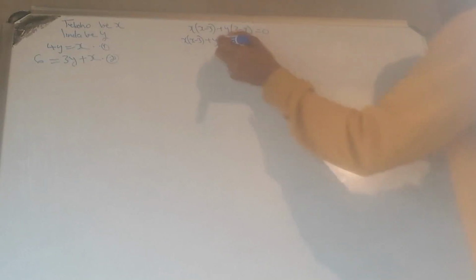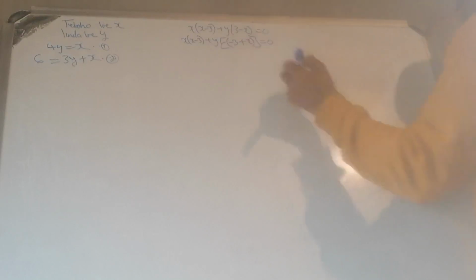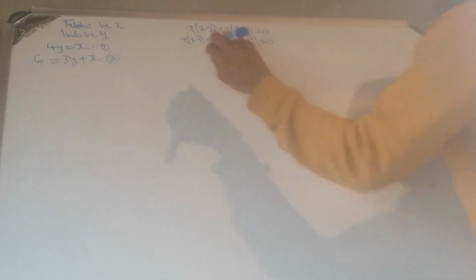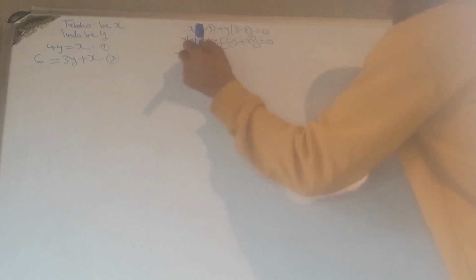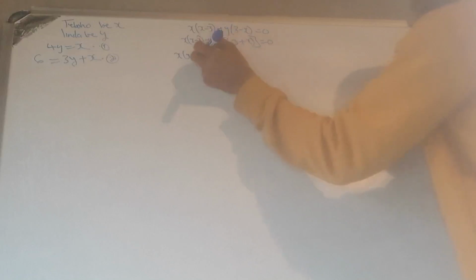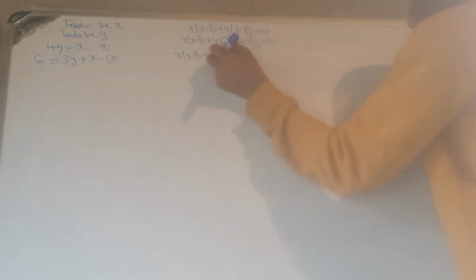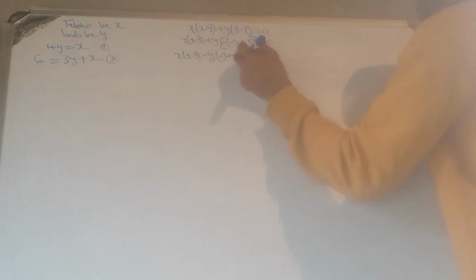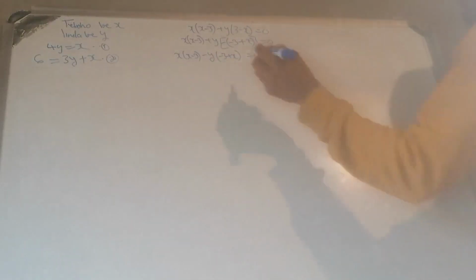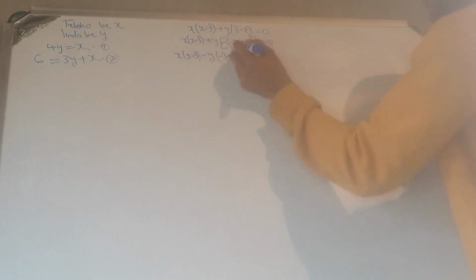This will be positive because negative times a positive is a negative. Then I have x into x minus 3. Negative times positive is a negative, and I'm left with minus 3 plus x, equal to 0.